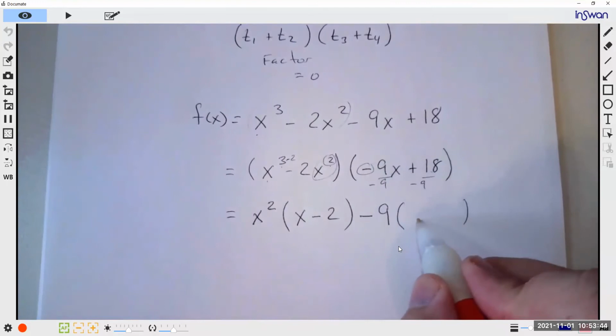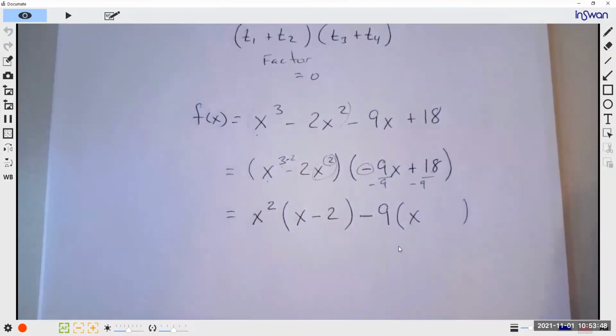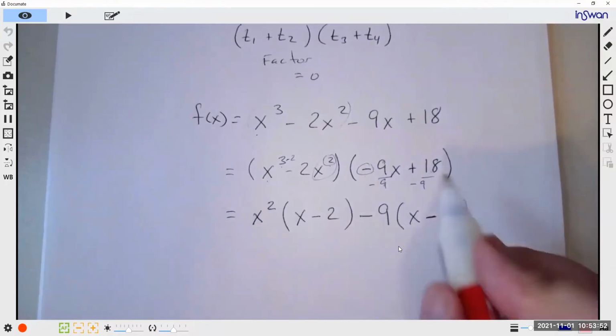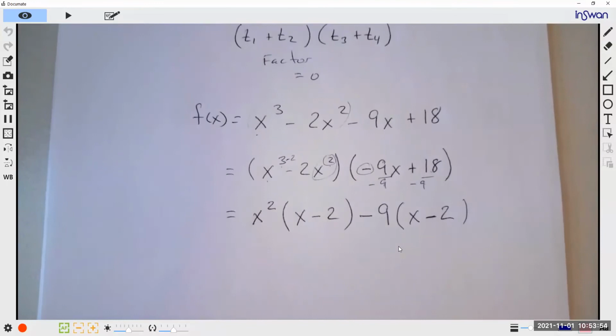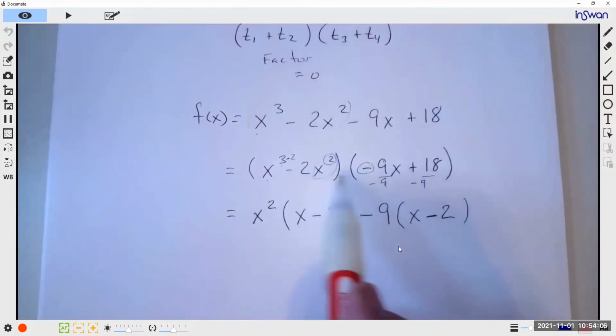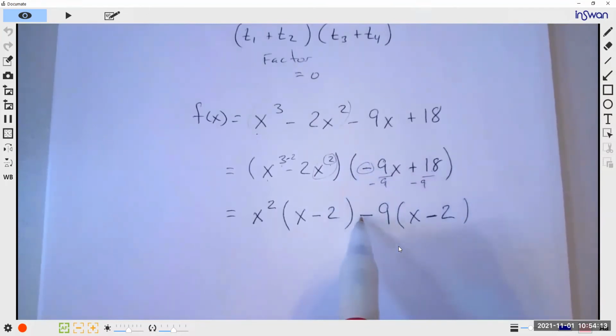So negative becomes a positive. 9's cancel, so it's x. Positive divided by negative is negative. 18 divided by 9 is 2. So I put first 2 and second 2 in parentheses, factored out what they had in common. Again, whatever the first term sign is, that's the sign that comes out.